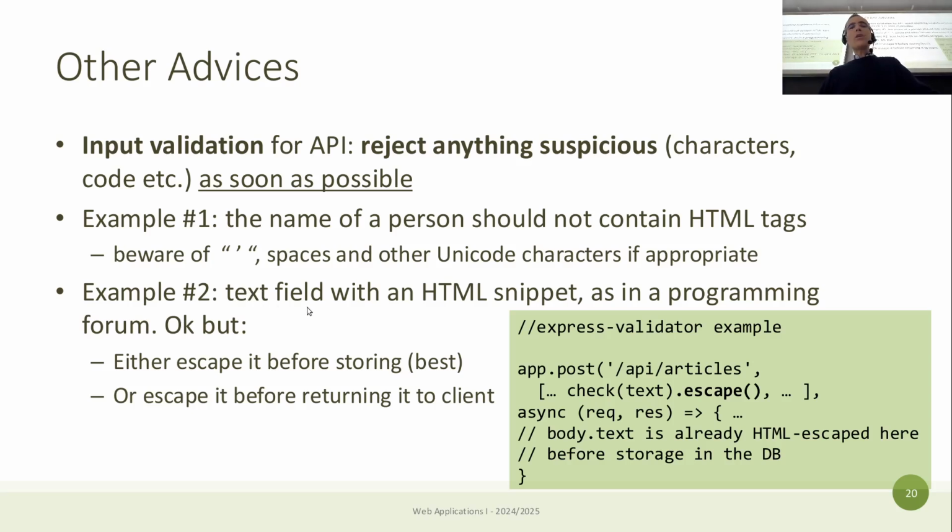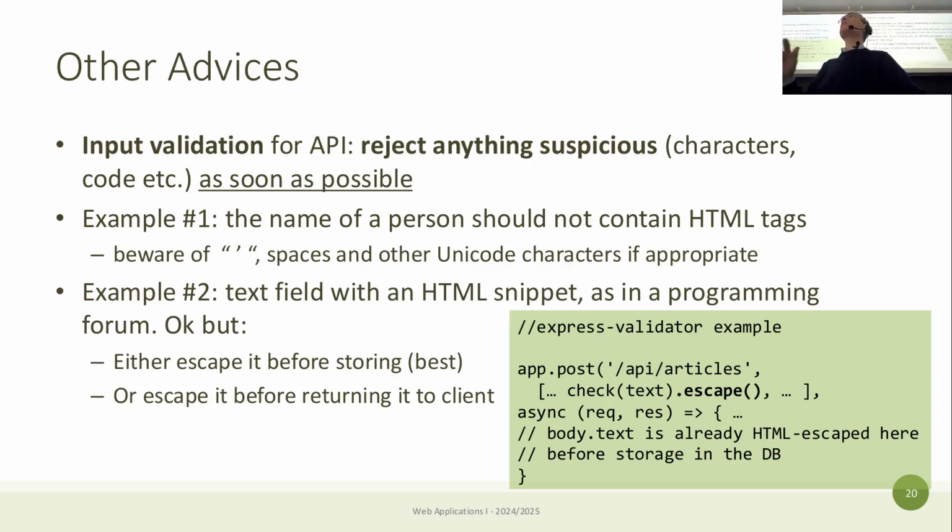When you need to deal with content that is potentially dangerous, like a snippet of HTML code, like in a forum where you discuss HTML and stuff like that, either escape it before storing the content or escape it before returning to the client. The first solution is preferred because you do it once in a single place and you don't forget.